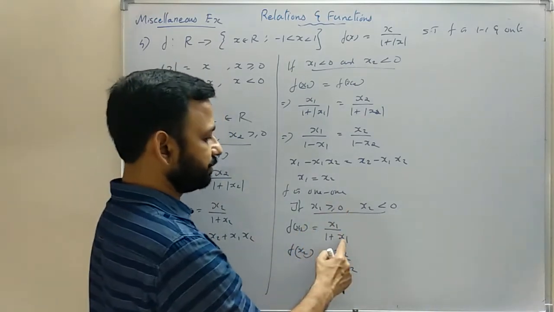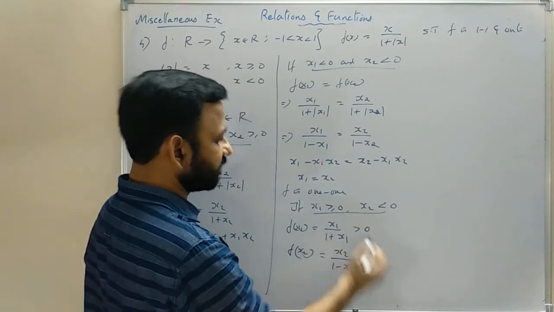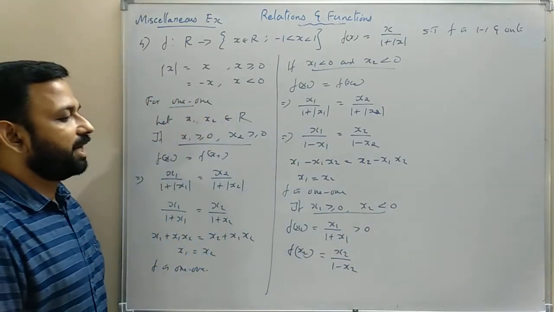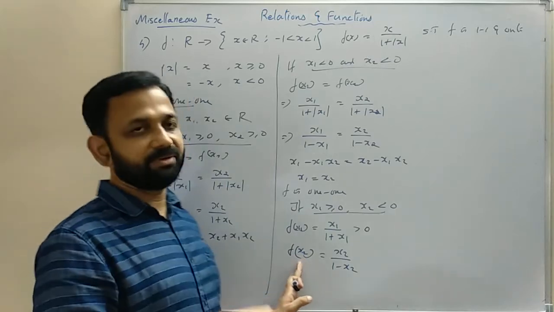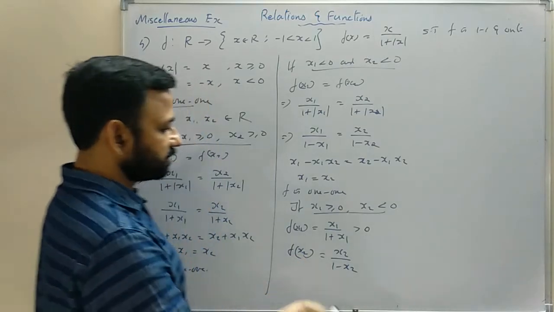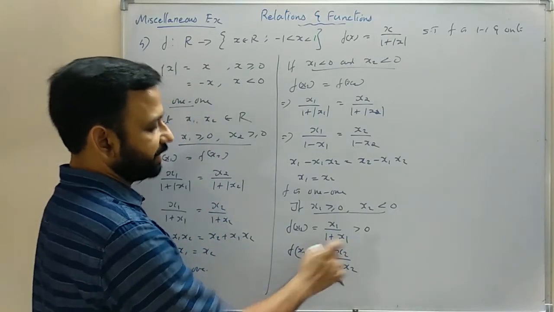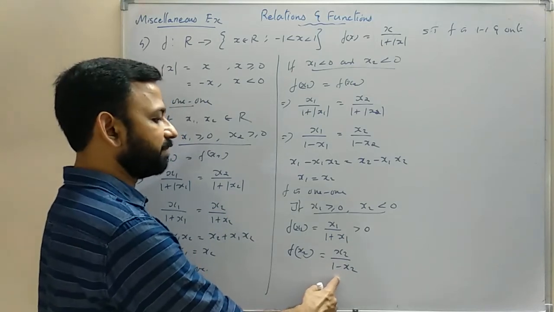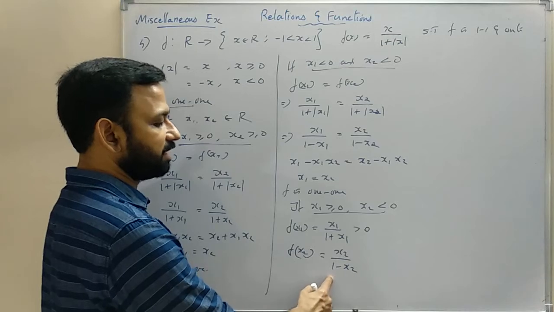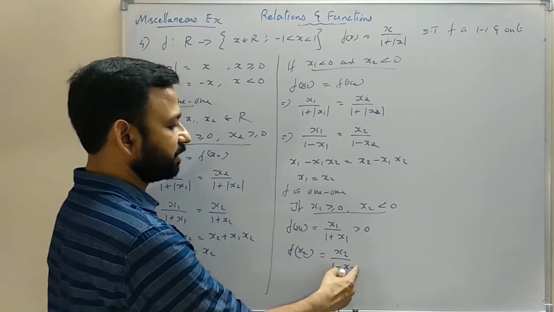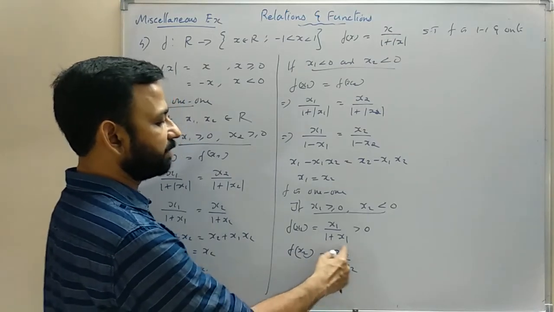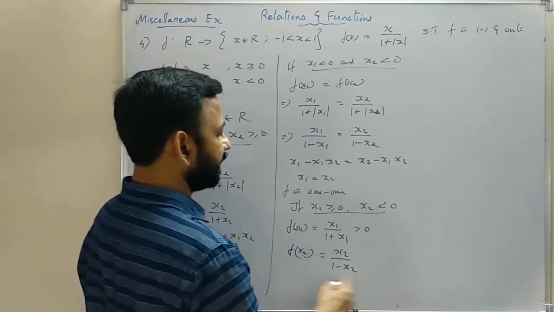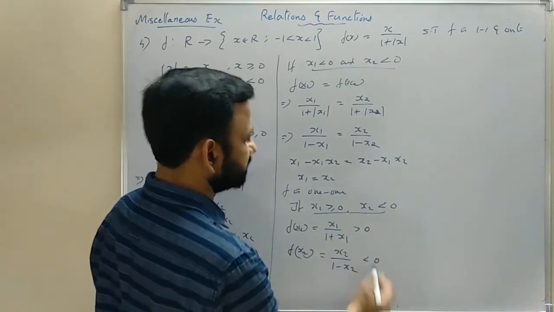Here x1 is positive, so the value of f of x1 is greater than 0. And here x2 is negative, x2 less than 0, so the numerator will be negative, and in the denominator, 1 minus a negative number is 1 plus that number. So the denominator will be positive and the numerator negative, so the entire value will be less than 0.